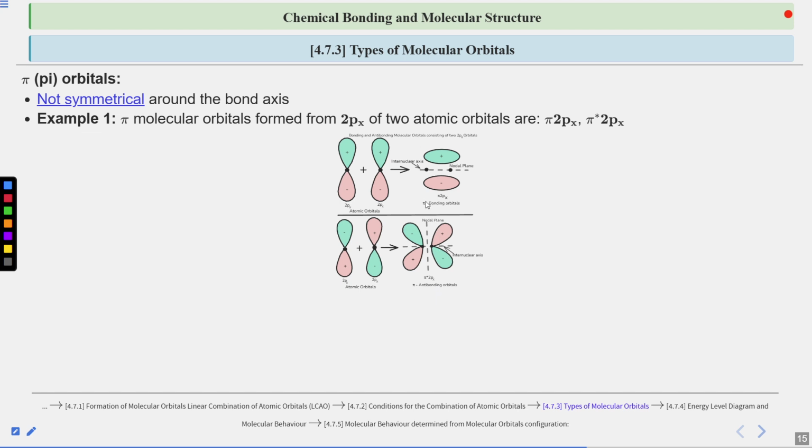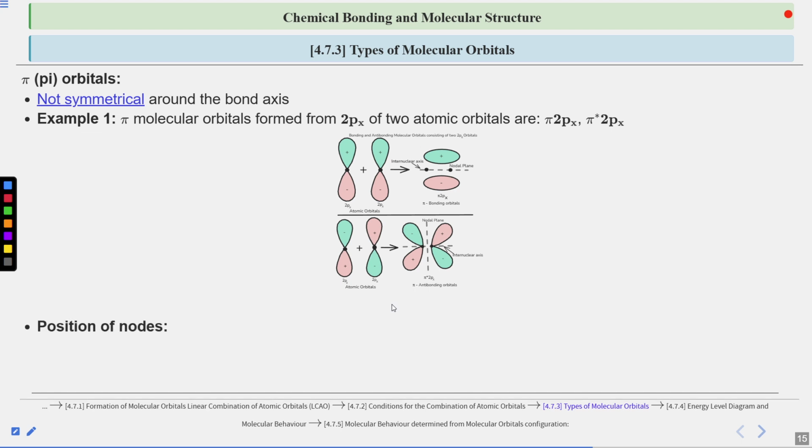These two atomic orbitals combine in the same phase, and there will be an internuclear axis in between. Similarly, here also there will be an internuclear axis. What about the nodal plane?